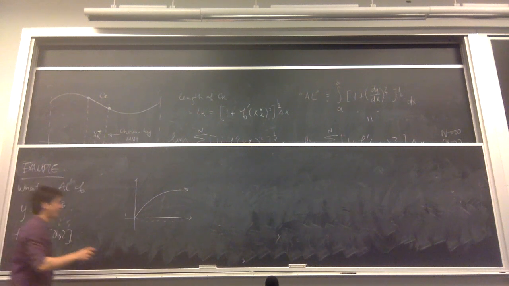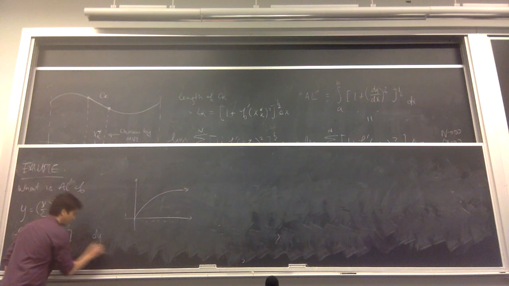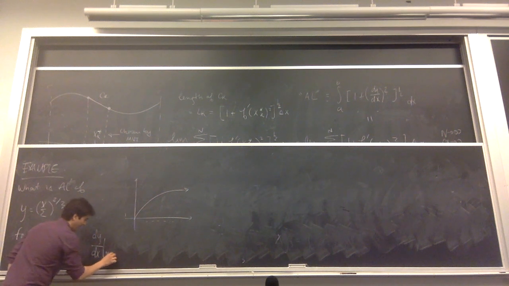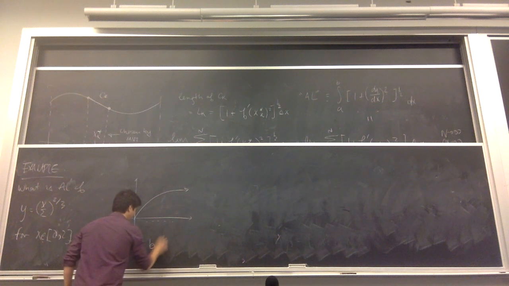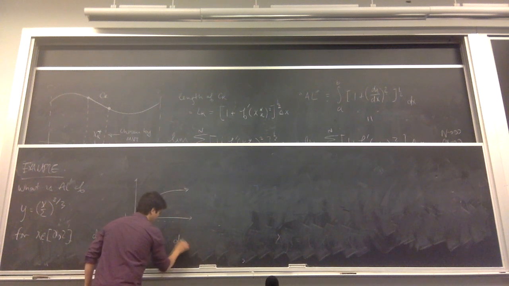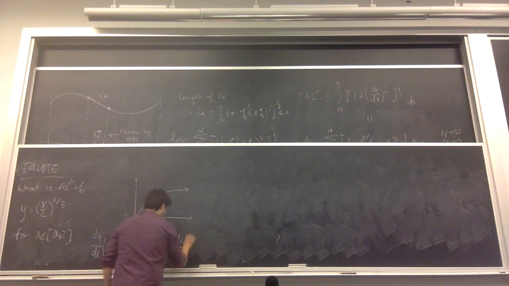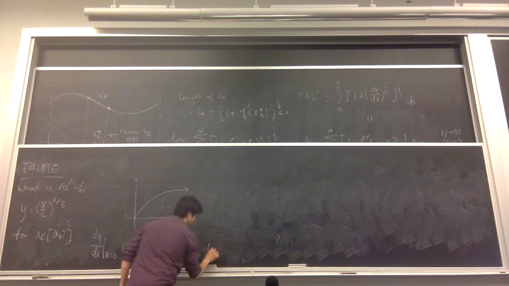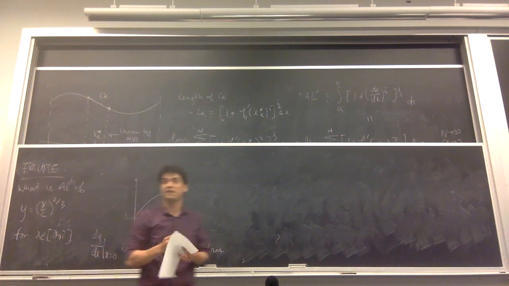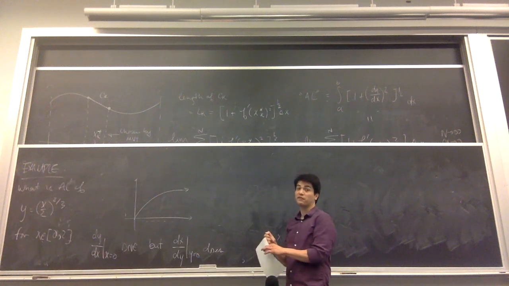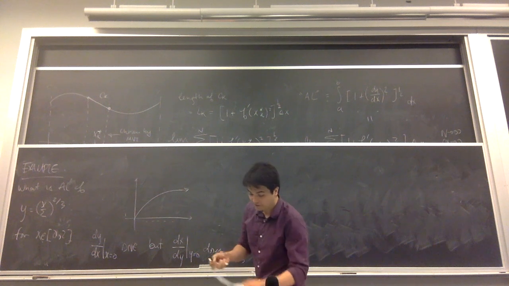That is to say, dy/dx at x equals 0 does not exist, but dx/dy at y equals 0 does. Implicit to what we've been doing here is the assumption that the function that we were taking chords over was differentiable, so just be mindful of that condition.